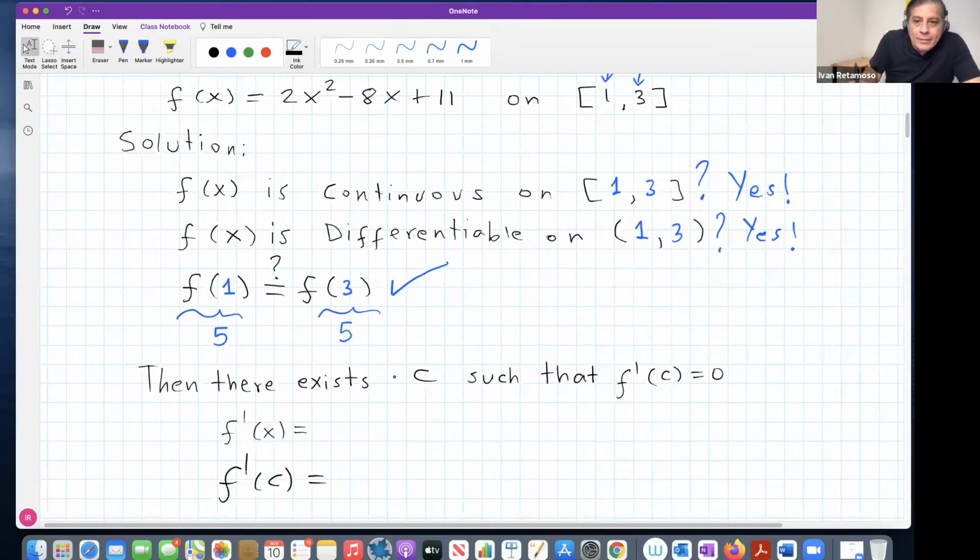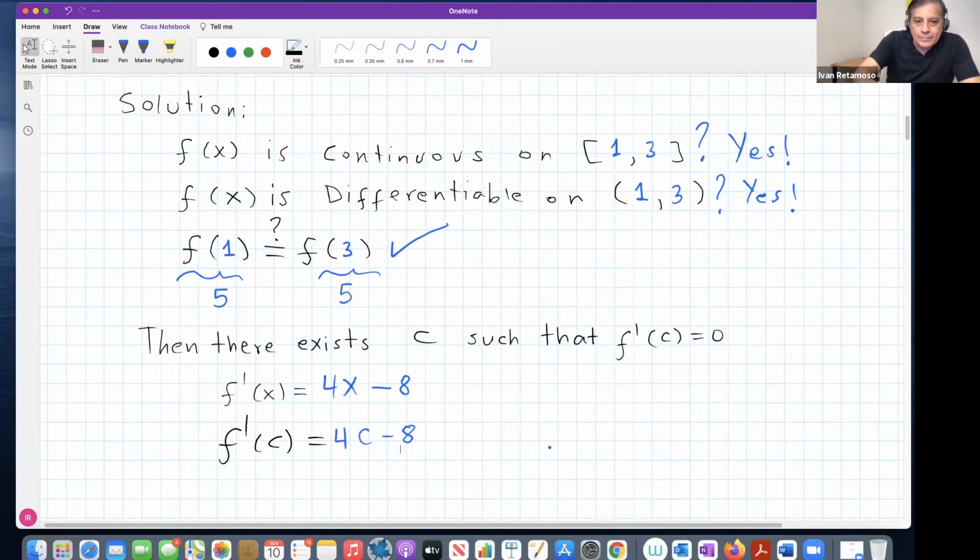The derivative of this function is 2 times 2, 4x, minus the derivative of 8x, which is just 8. The derivative evaluated at c should then be 4c minus 8, right? Now let's use this.